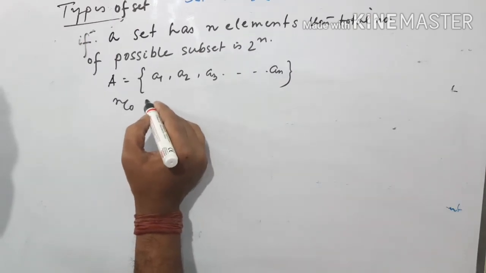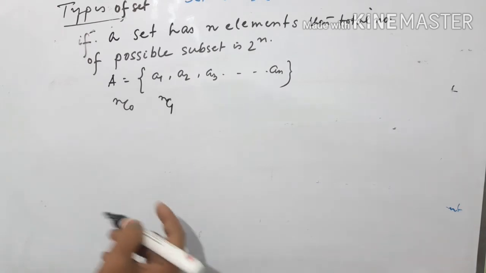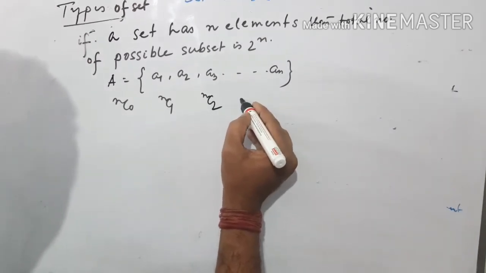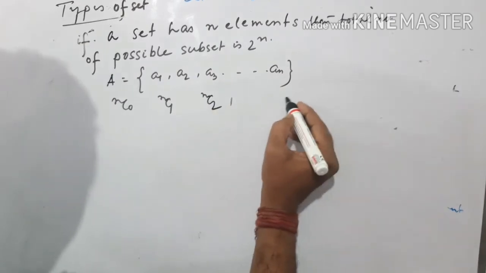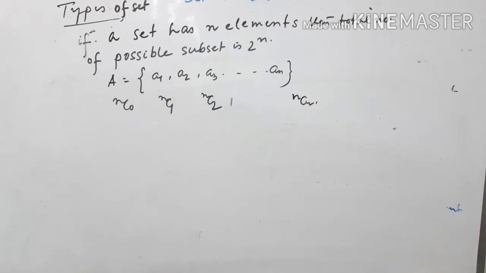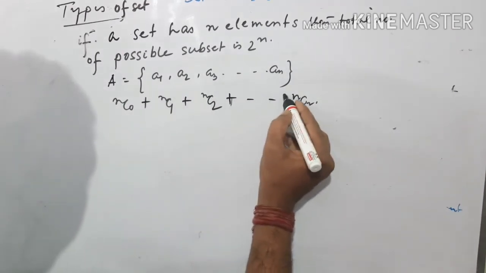Out of n elements we can choose one element in nC1 ways to form a singleton set. In this way we can choose nC2 elements, then up to nCn elements. Their sum is the number of all possible subsets.